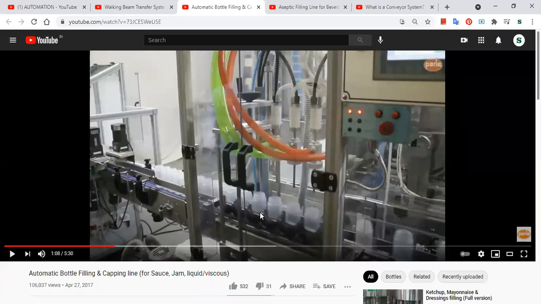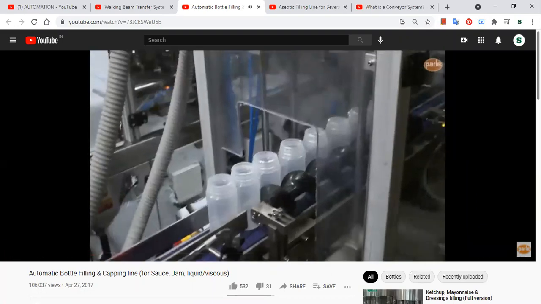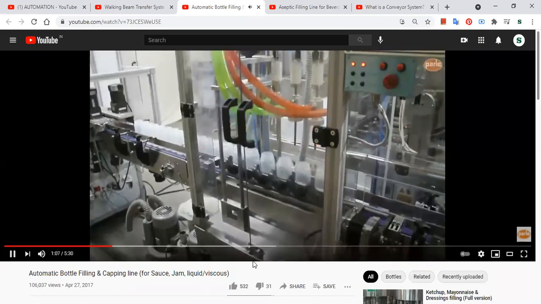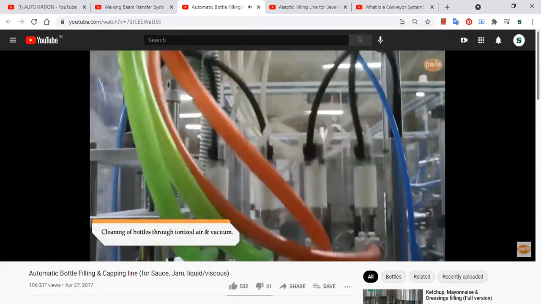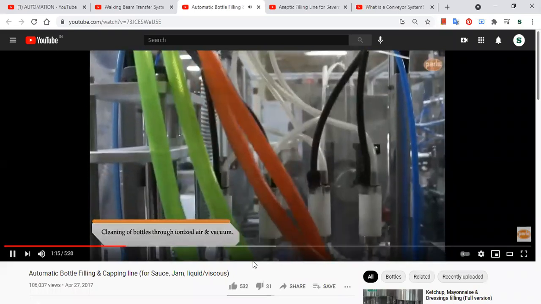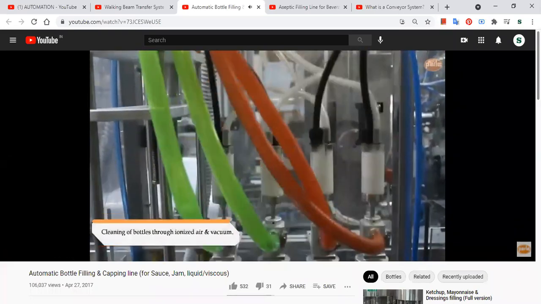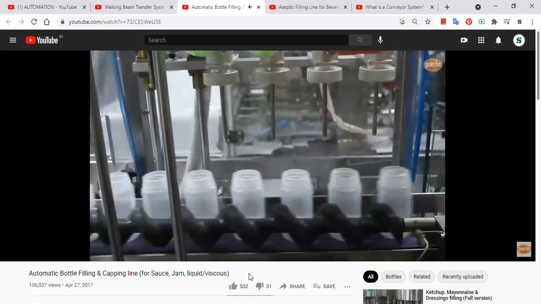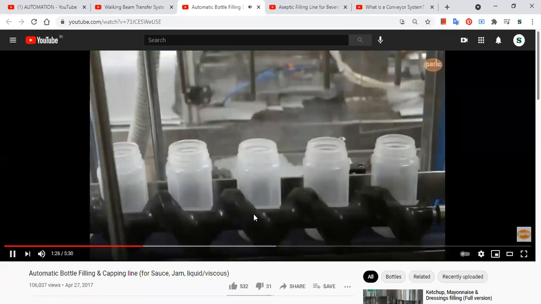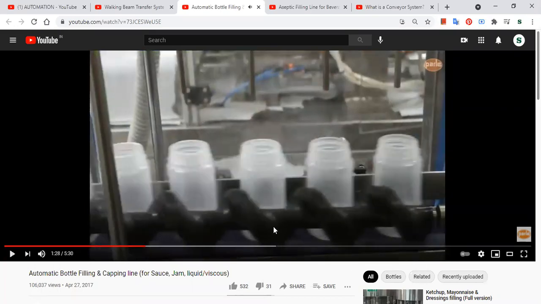So that's another type of orienting it. So all these are basically cleaning processes before filling it, and the filling is after this.